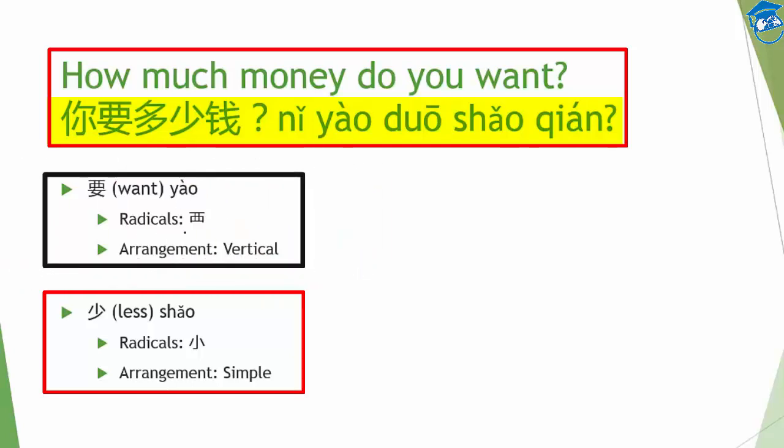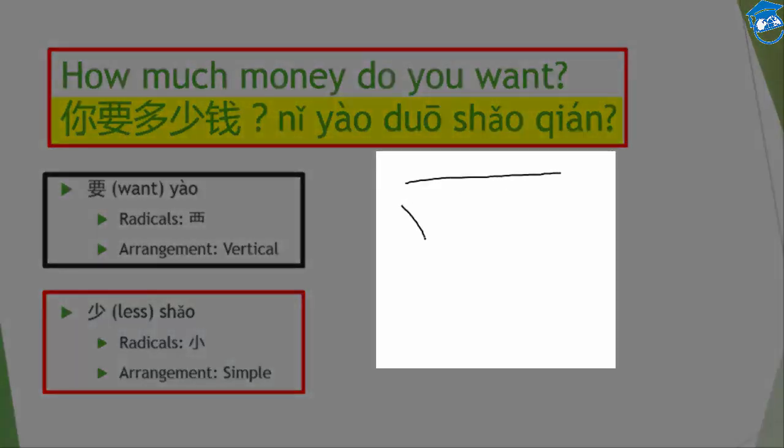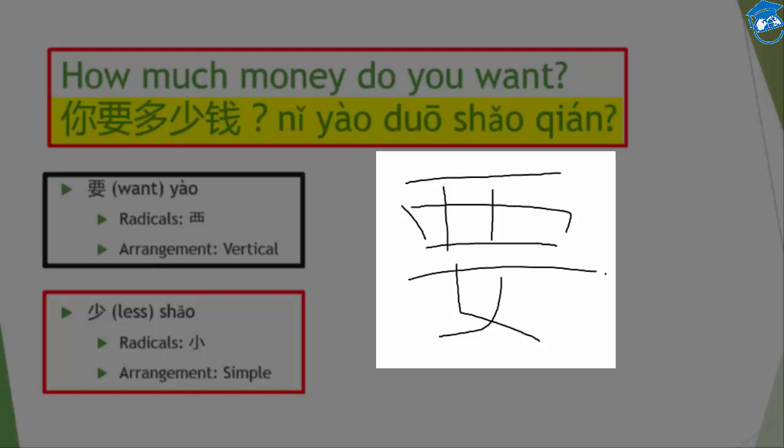Okay, the radical is what's on top here, and the arrangement is vertical with the radical and the bottom component here. Okay, so this is how I write 要. 1, 2, 3, 4, 5, 6, 7, 8, 9.